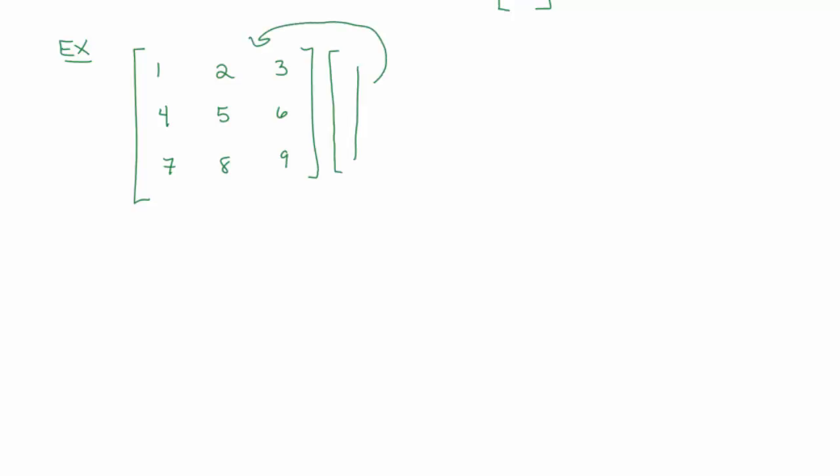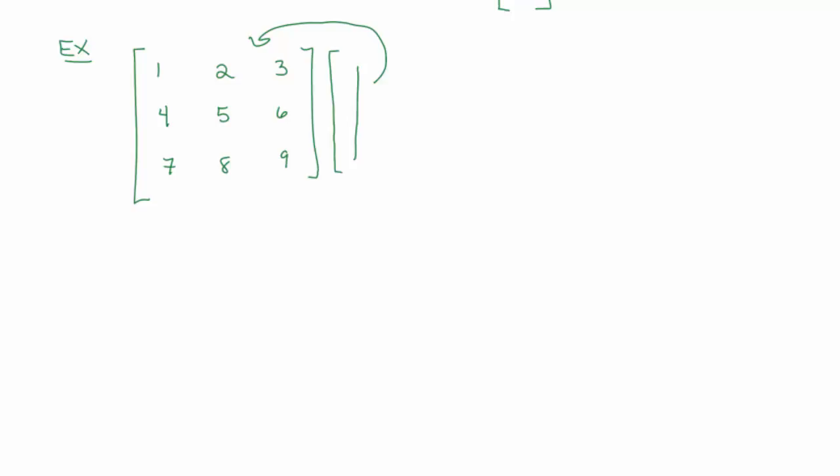Let's just make something up here. I'm going to do a 3 by 3. So let's just make a 1, 2, 3, 4, 5, 6, 7, 8, 9. It's actually a terrible matrix, honestly. And what I'm going to do is multiply it by a column matrix. Again, I'm only multiplying by column matrices right now. To make this work out, remember, I'm going to take whatever column this is, and lay it on top of that matrix.